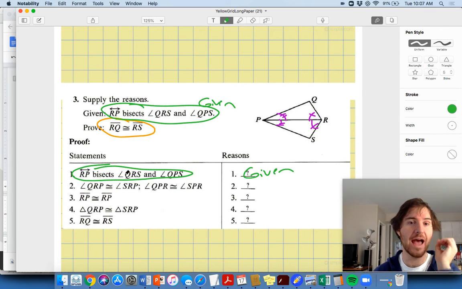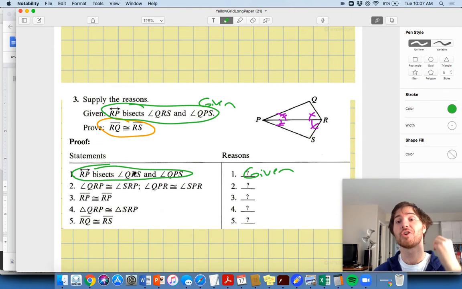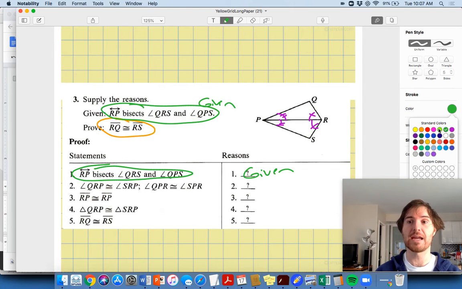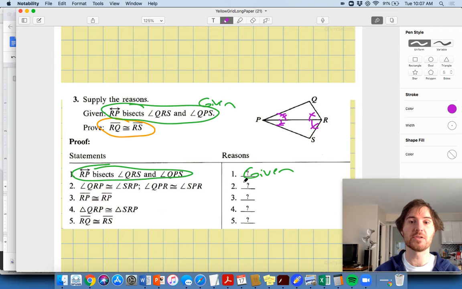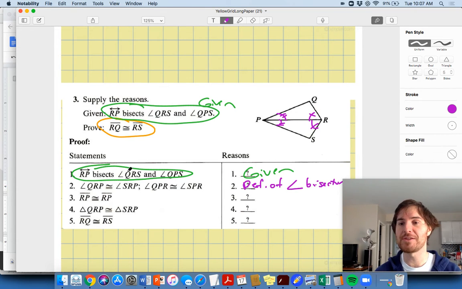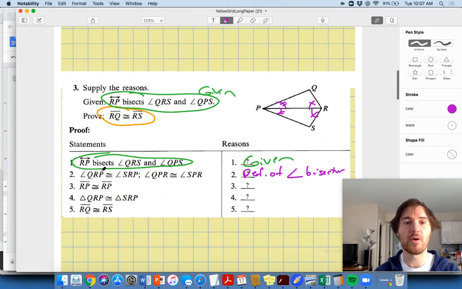Having an angle bisector means you're going to have congruent angles created here. So step 2 is going to be definition of angle bisector, my friends, because we are having some angles being bisected. And that's how I know that QRP is congruent to SRP, and how I also know that QPR is congruent to SPR, because that feature right here, PR, is a bisector of both of those angles.